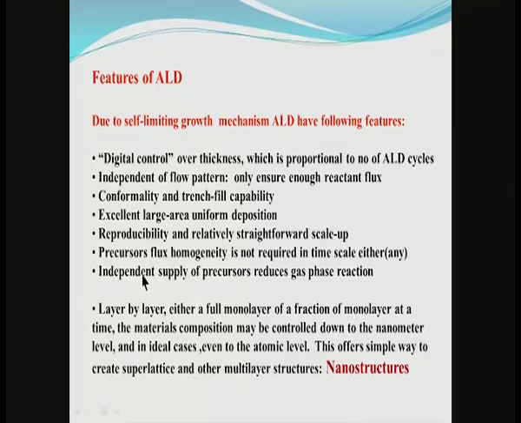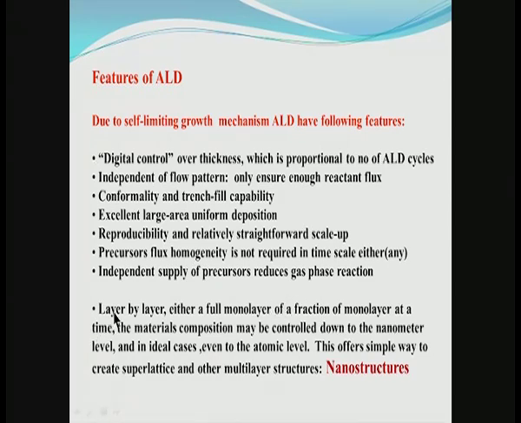Now, because of independent supply of precursors, since the precursors are separated in time and space, that is, 2 precursors are not in the same chamber at the same time, gas phase reactions are reduced or actually eliminated.